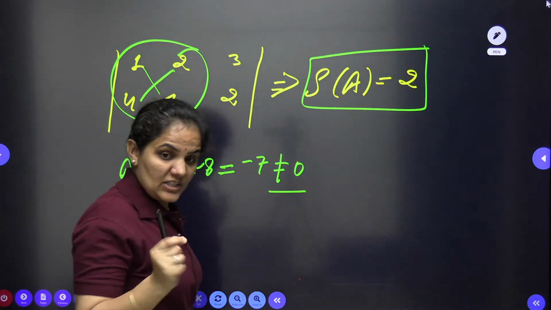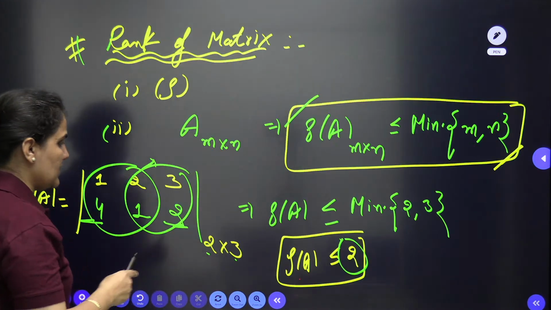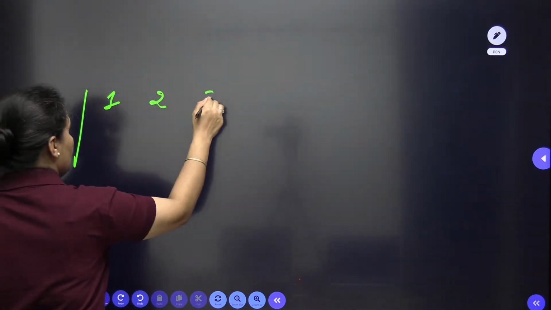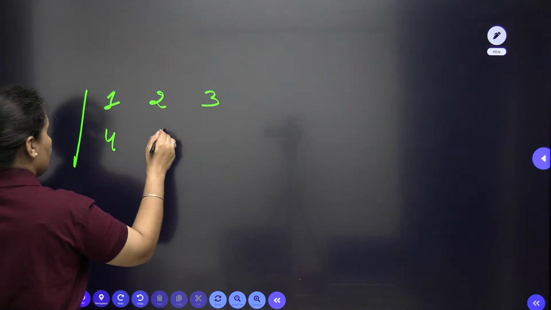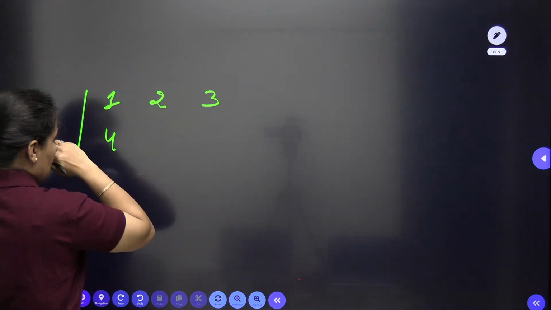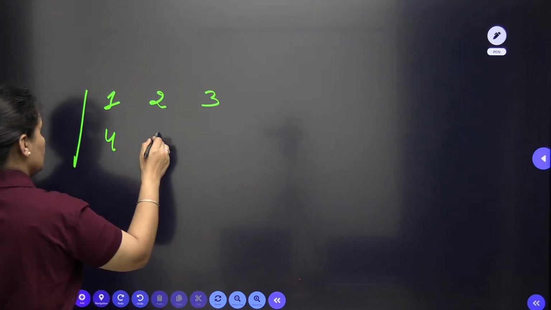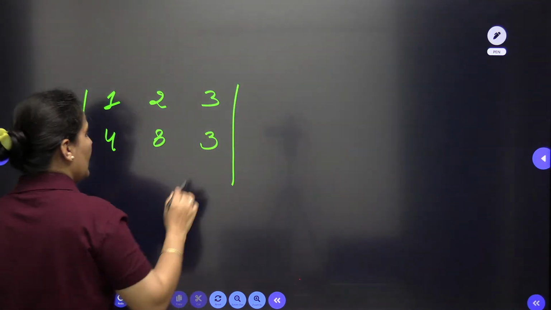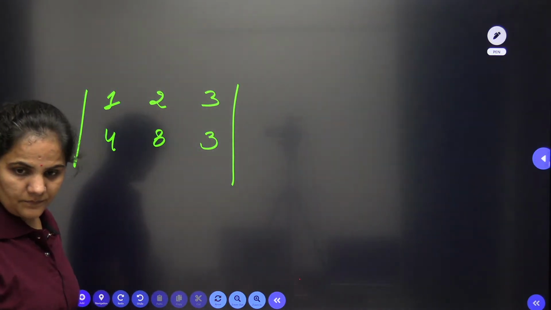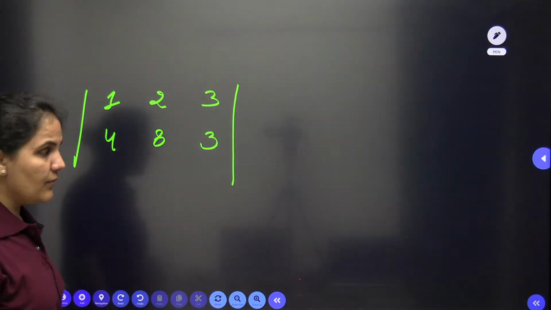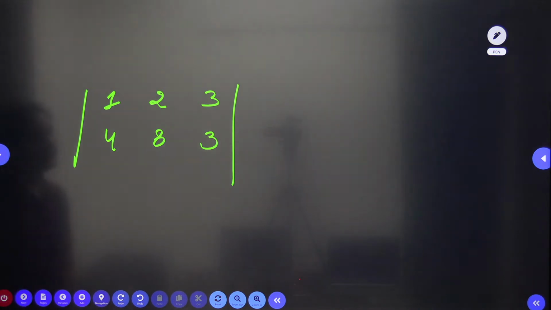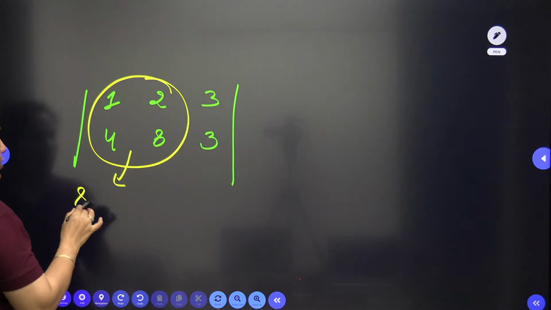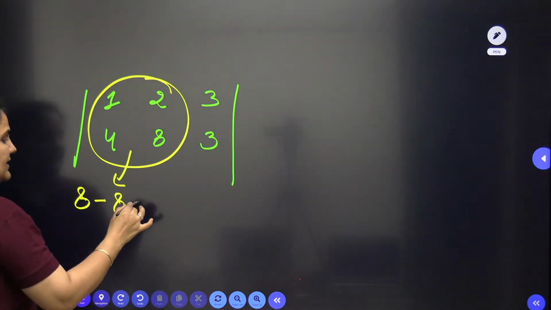Okay. Suppose this is the first case. Suppose in this case we are having a matrix like this one, 1, 2, 3, 4, 8, and suppose it is 3. If we are having a question like this one, then if I find out the very first minor, beta, this is 4, 1 into 8 is 8, 8 minus 8, 0.